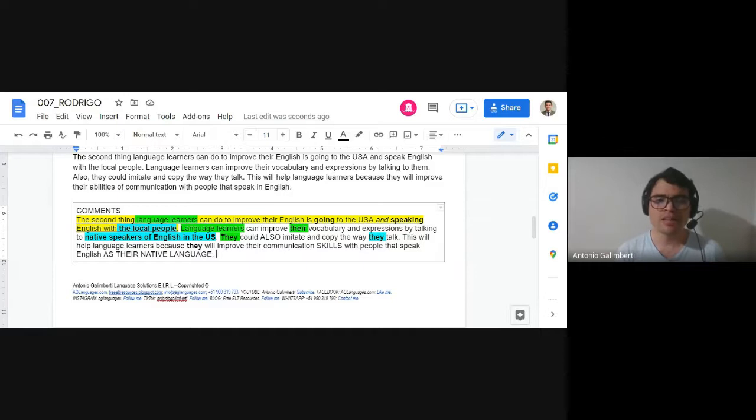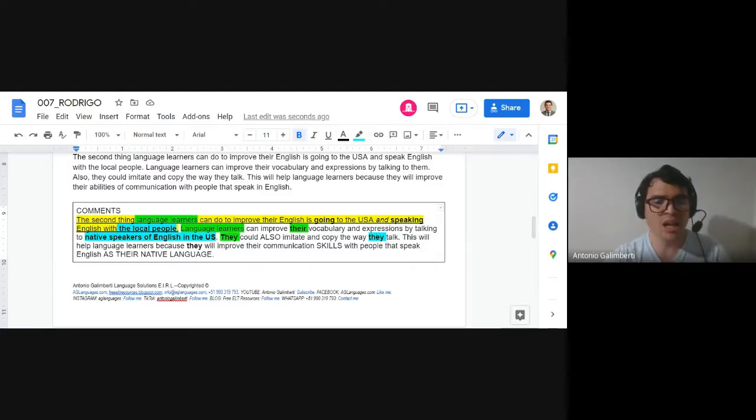But as the author of your paragraph, it is your job to make it easy for the person reading your text to do so. So it may be confusing for some to decode these two "they." What do you mean by "they," the green one? What do you mean by "they," the light blue one?